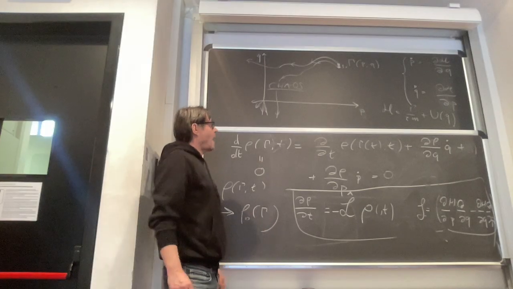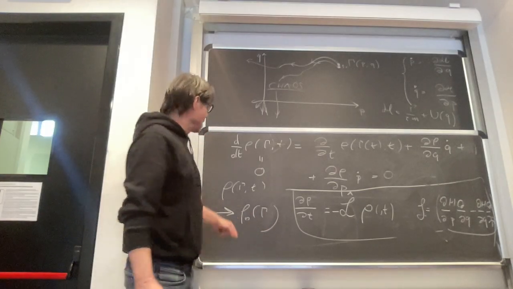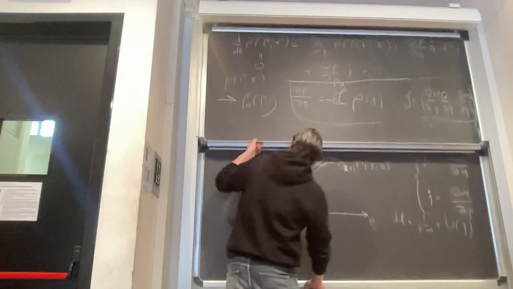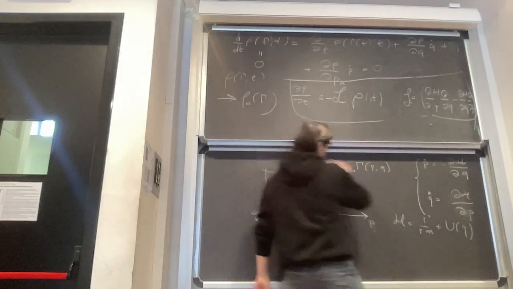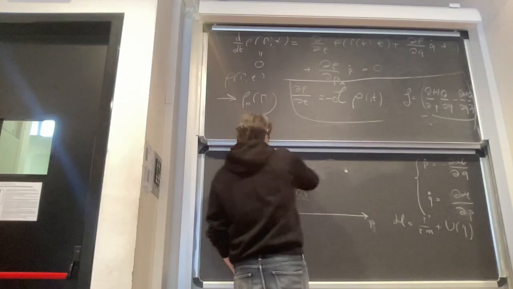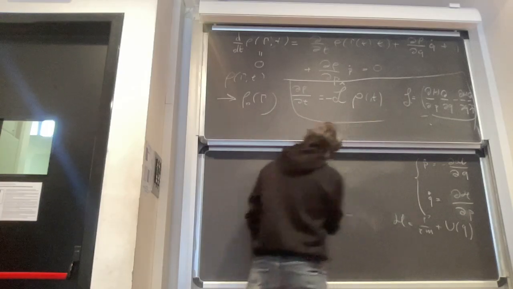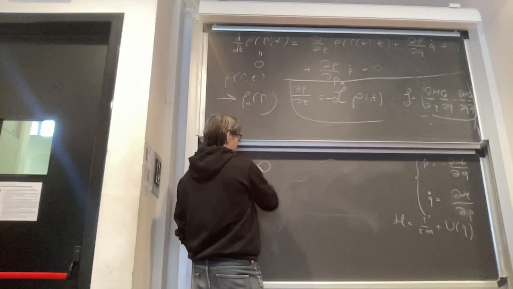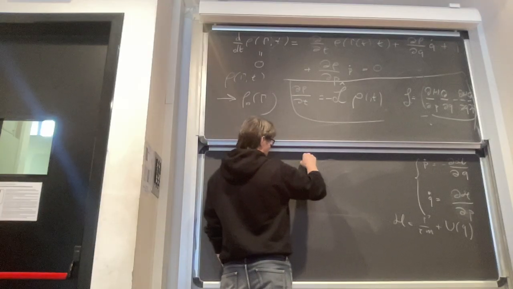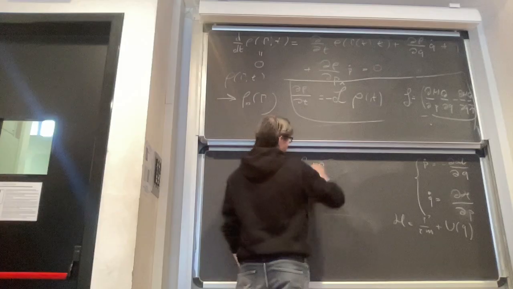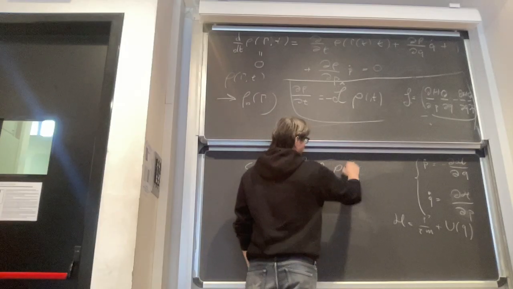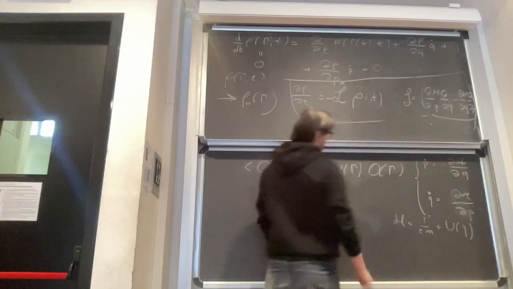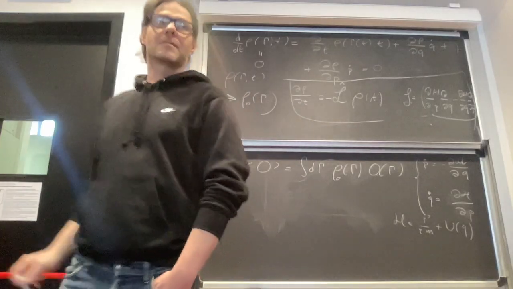And now any observable can be made, any average at equilibrium can be seen as integral in phase space of the phase space equilibrium distribution and my phase space dependent observable.